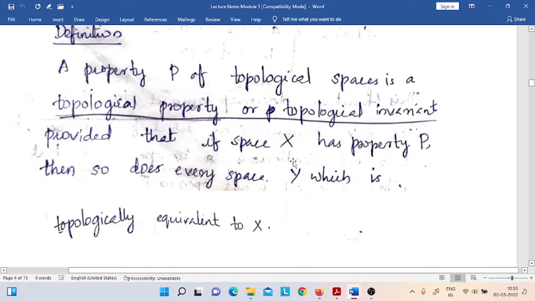If one of the spaces has the property, then the other space will definitely have that property. Such properties are called topologically invariant properties.